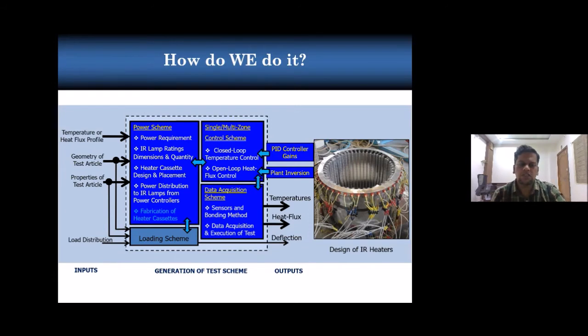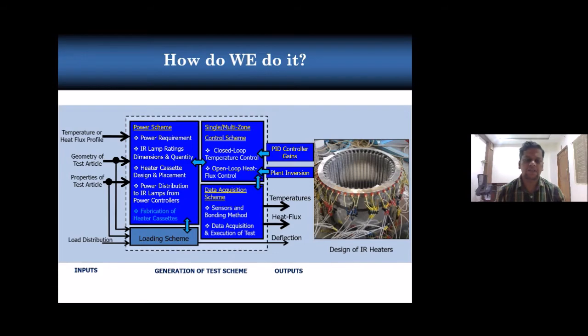Based on these three inputs, we calculate power requirements: what type of IR lamps are needed, how many lamps, how much electric power, and how the setup should be made. Based on that, we see whether heaters are available or we have to go for a new heater design, then its holding, fixtures, and power distribution scheme, all worked out initially.